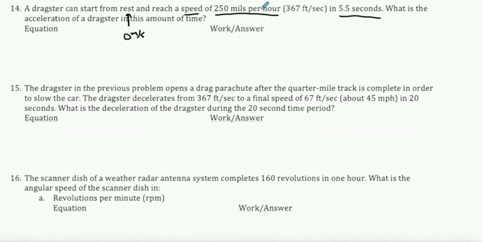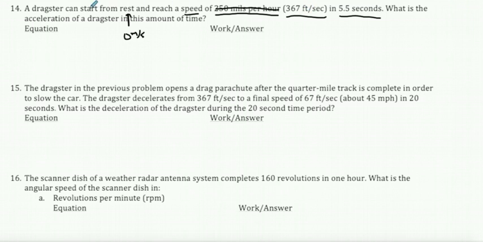Now, we have a couple different units for speed here. We have miles per hour and feet per second. So we have to make sure that we use the one that lines up with our time, which is seconds. So we want to use this 367 feet per second and forget about the miles per hour. Now there will be times where you're going to have to convert that, but this is nice because it's already given the converted number to you.